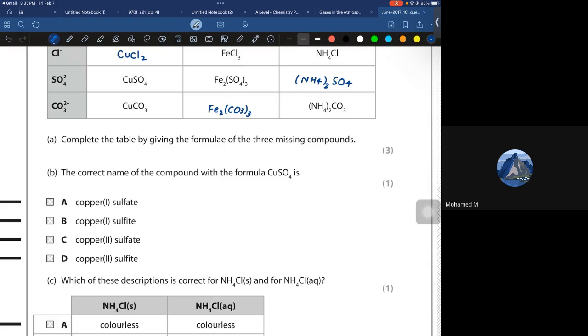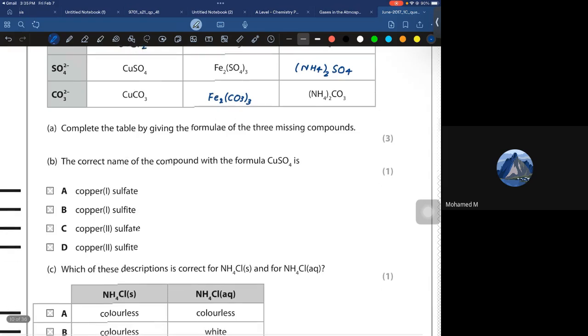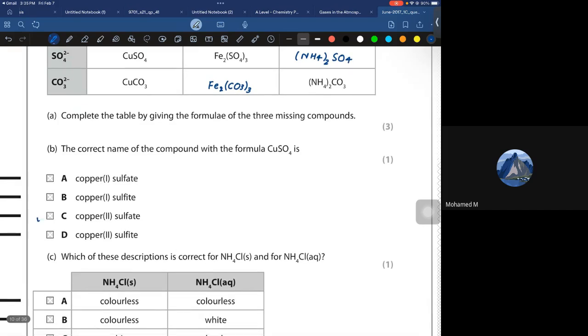No, the charge of copper is +2. So I would say it's Cu2+, copper 2 sulfate, not 1 sulfate. Because the charge of sulfate is 2-, obviously the charge for copper would be +2.